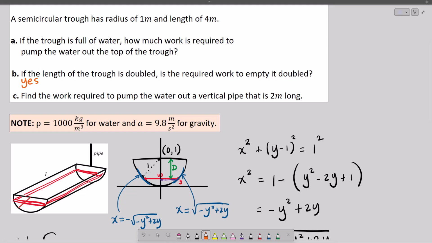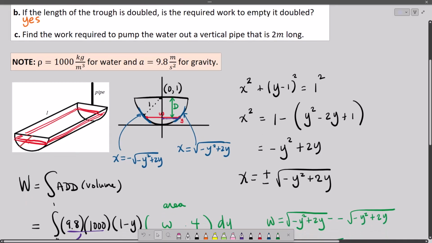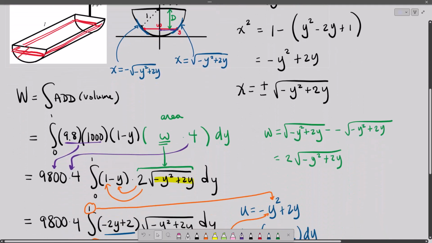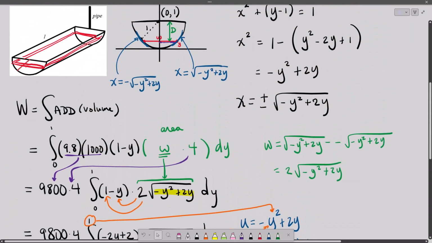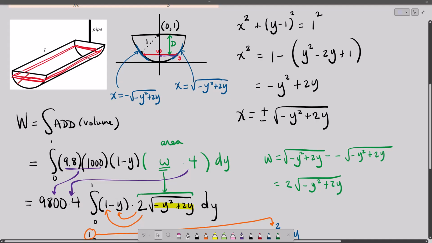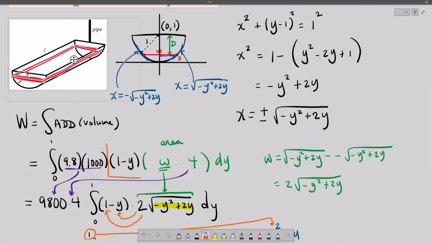Find the work required to pump the water out a vertical pipe that's 2 meters long. So part C, what is the only change for part C? If we look at this, we're zooming in on distance, right? This is distance. That's the only thing that's going to change.